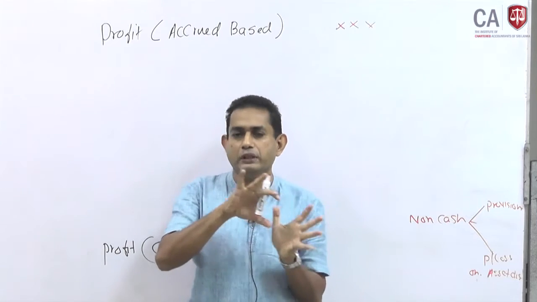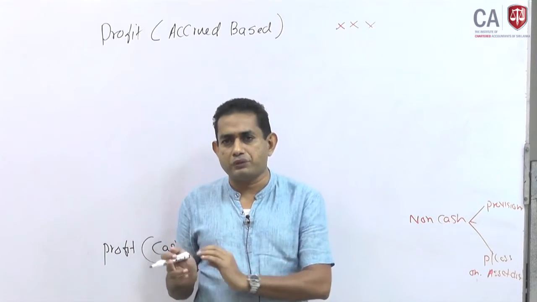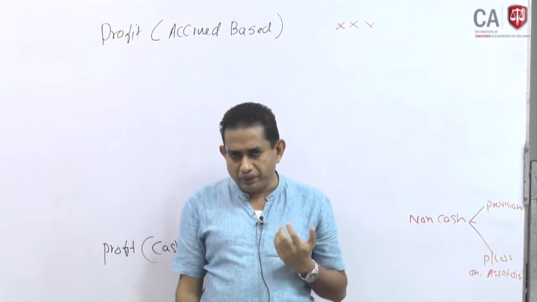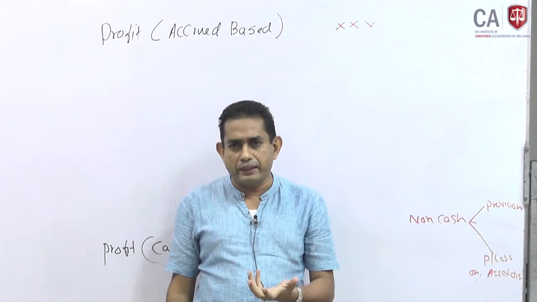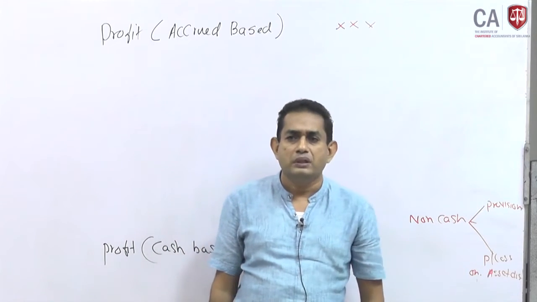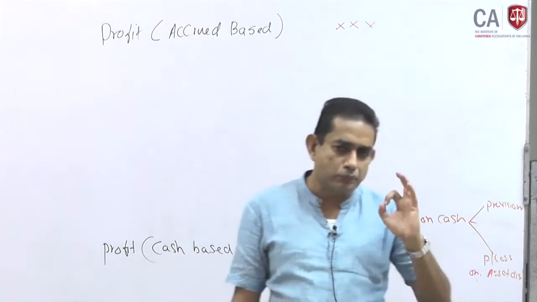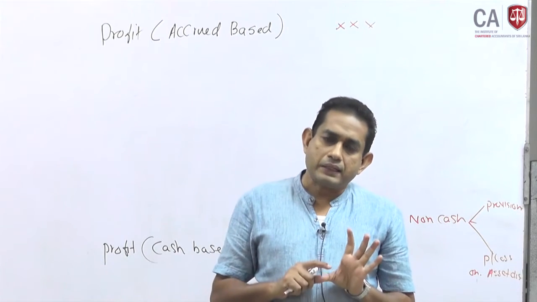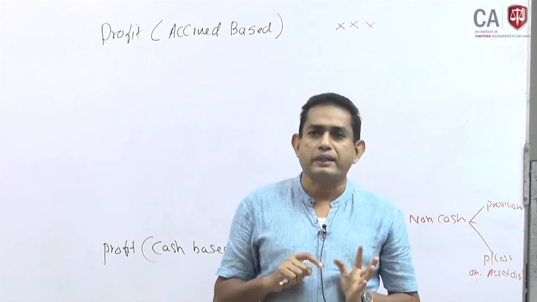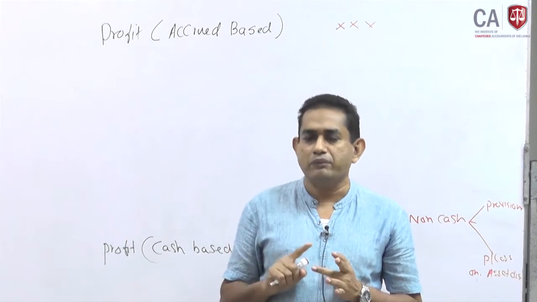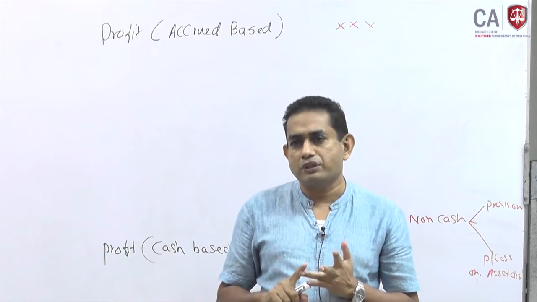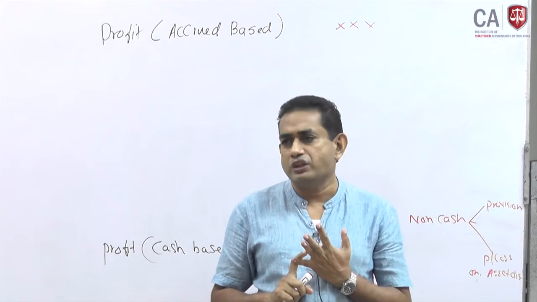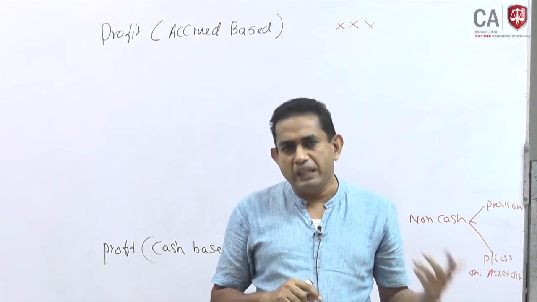You need to remove the effect of all the provisions to transform the accrued profit to the cash profit, and you can give me as many examples as you like for provisions, starting from provision for depreciations, and that is the most famous and the popular example for provisions. It can be the provisions of depreciations, it can be the provisions for doubtful debts, it can be the provisions for impairment, it can be the provisions for gratuity, it can be the provisions for obsolescence of inventories.